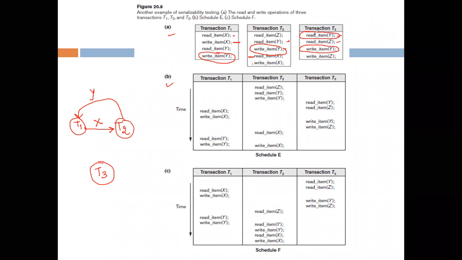So the first operation happening on y is in transaction 3, where it is reading, and here transaction 2 is again writing. So from transaction 3 to transaction 2, there will be an edge on variable y.